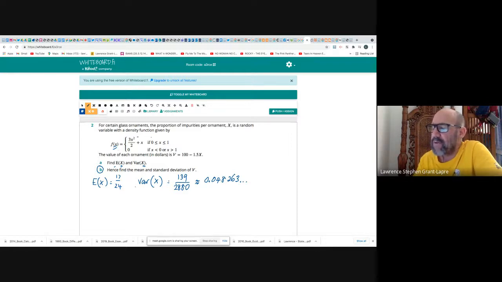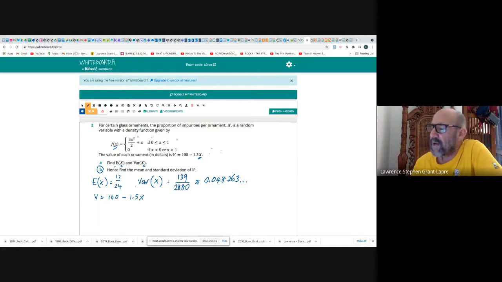The value is based on this impurity level, which is 100 minus 1.5 times x. Now, if V is 100 minus 1.5x, what will happen to our expected value of V and our variance of V, which is what we want, and we need the variance of V to get the standard deviation?